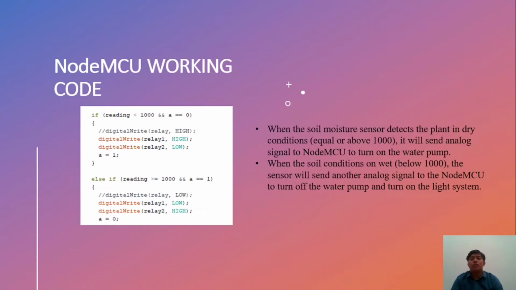So when the pump sprinkles the water, it will make the fodder become moist, become wet. So when the soil condition is wet, below 1000, the sensor will send another analog signal to the NodeMCU to turn off the water pump and turn on the light system. So the system works as a 24 hour system.